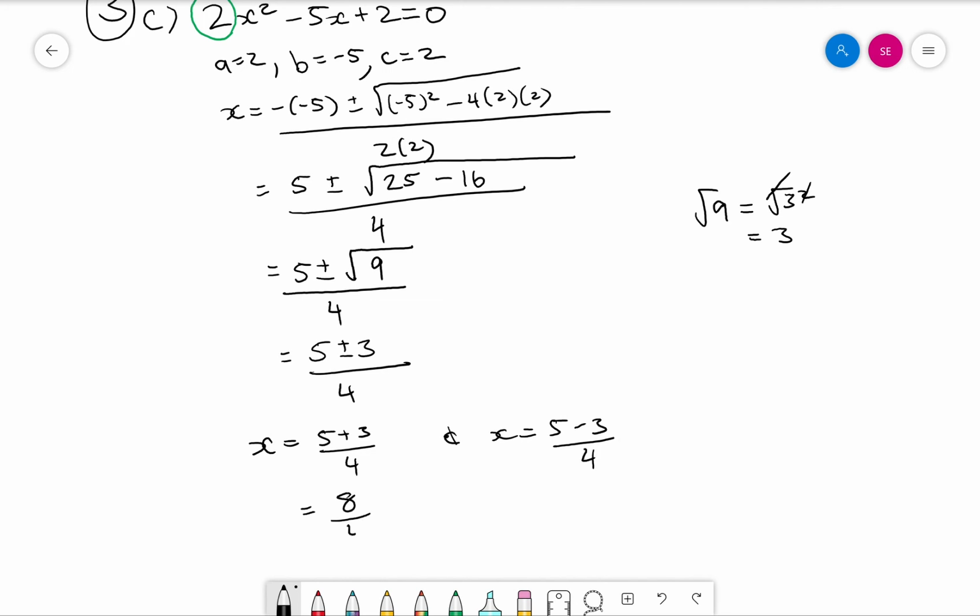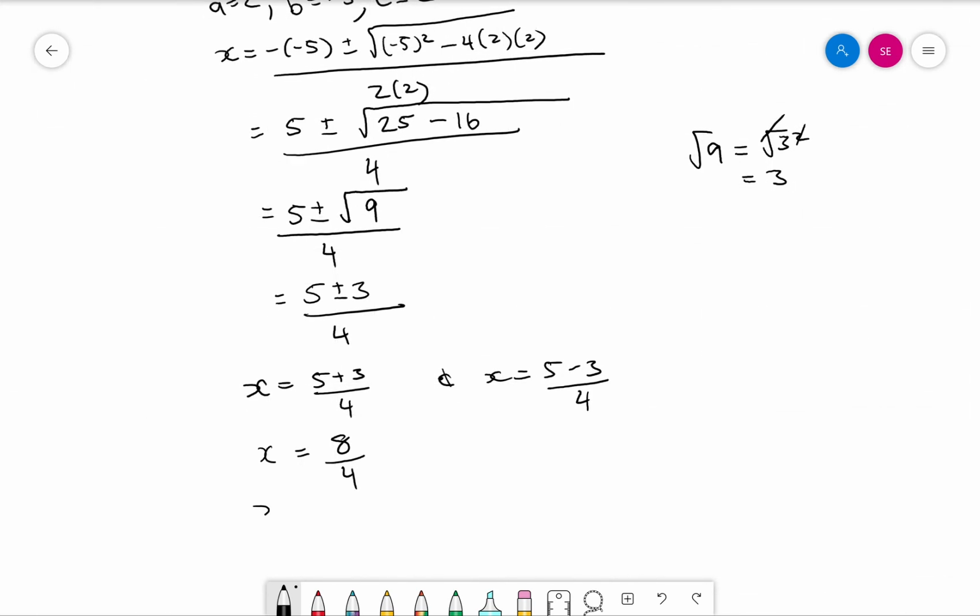So you'll get 8 on 4, which is 2. So your first x is 2, and your second x is 5 minus 3, which is 2, on 4. So x is equal to 1/2.